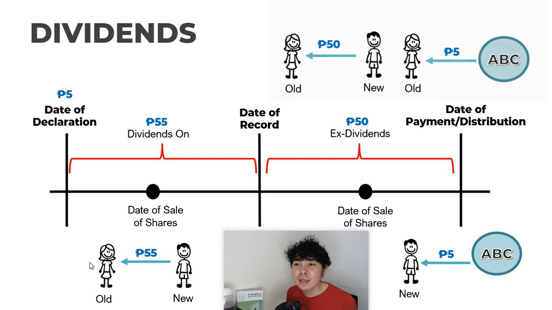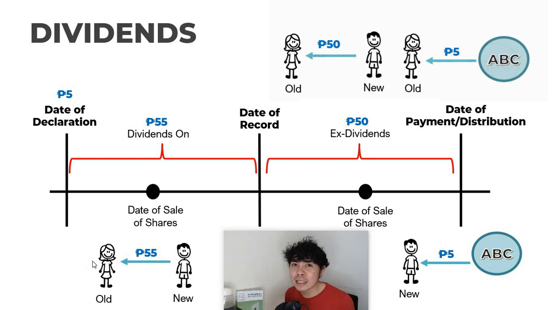The old shareholder would still remain a shareholder at date of record, still part of the list of shareholders as of date of record, so she would receive the dividend at date of payment. And it is right that she receives it, because she is entitled to it. That dividend is a result of investing her capital.